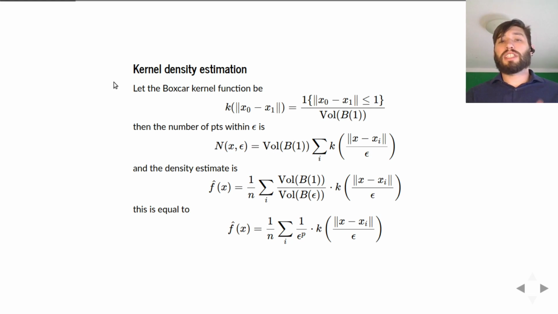So this heuristic, let's make it a little more concrete. That total number of points, we can express it through a kernel, which we're going to call the boxcar kernel. The kernel is just a function which says if x0 and x1 are within, their Euclidean distance is less than or equal to 1, then it evaluates to 1 divided by the volume of the ball of radius 1.